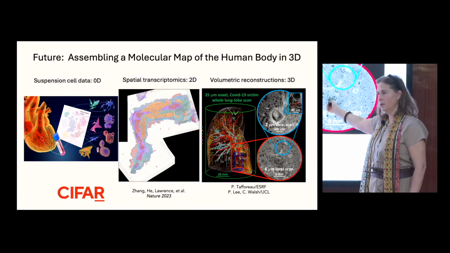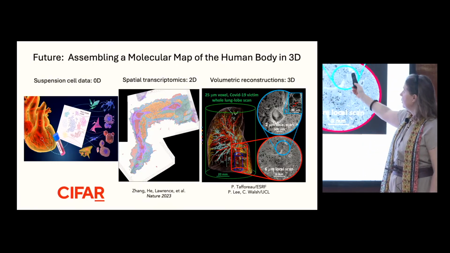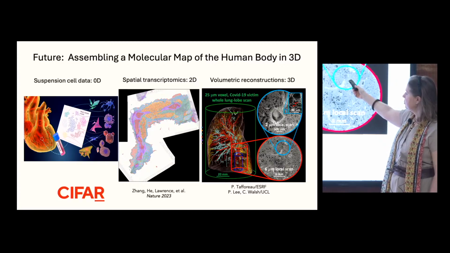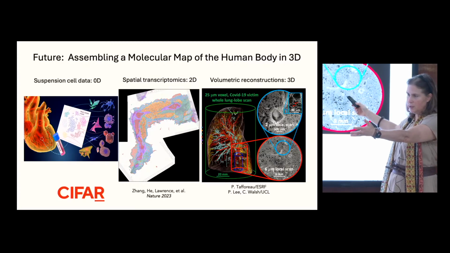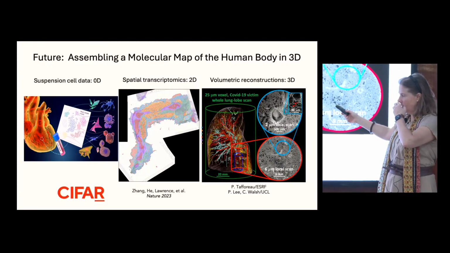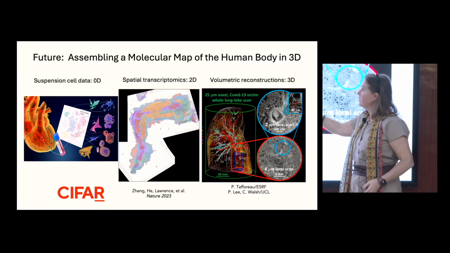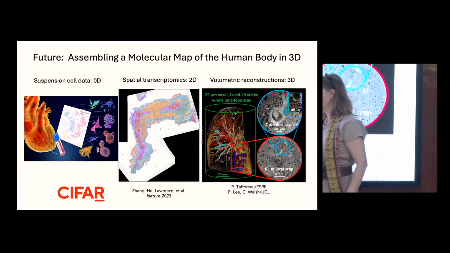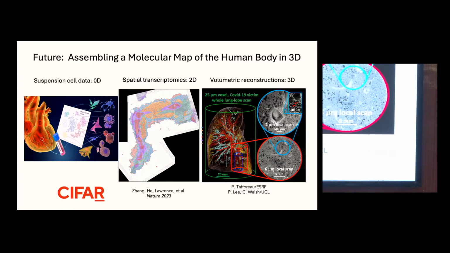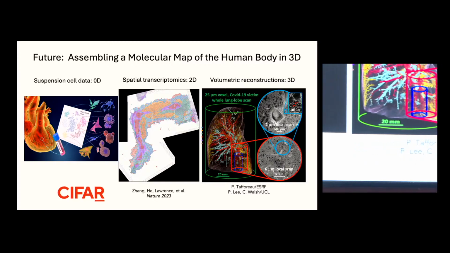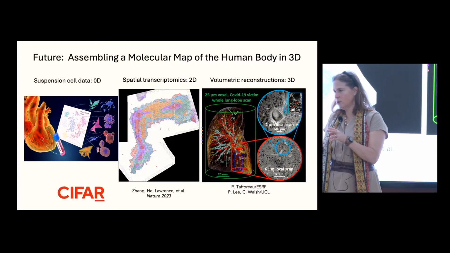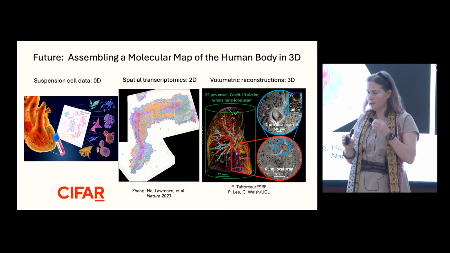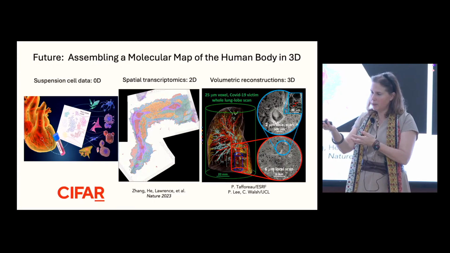What I'm showing here is hierarchical phase contrast tomography, but there are also medical imaging technologies like MRI. This multi-scale mapping of the human body is something where we have a program funded by the Canadian Institute for Advanced Research that funds 2 little workshops per year with about 20 people, where we're thinking about how this might be possible.